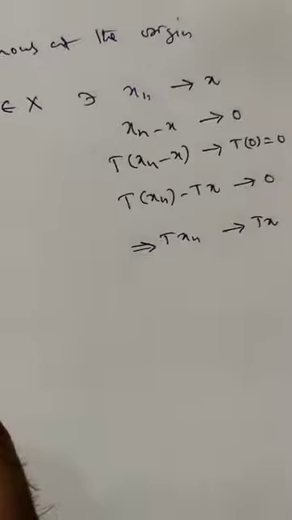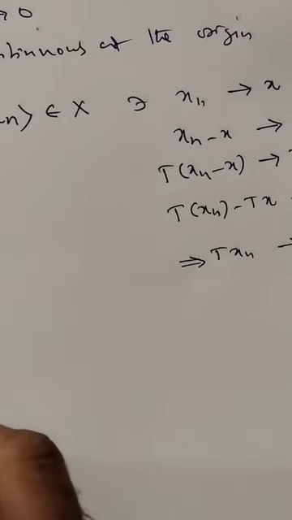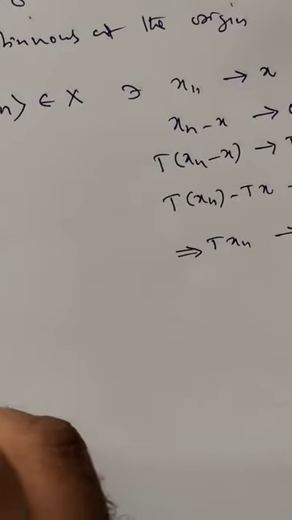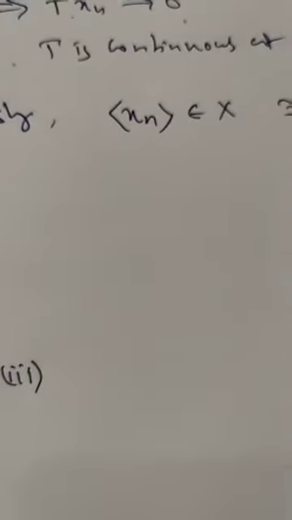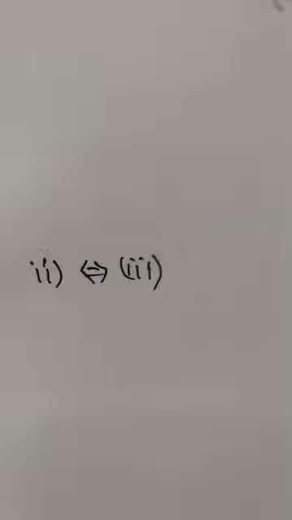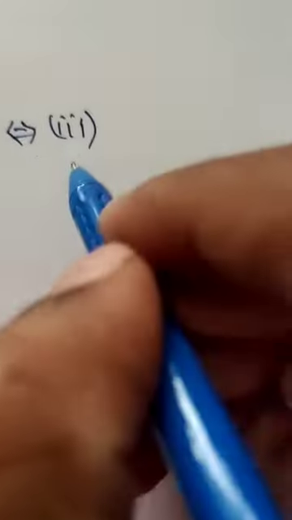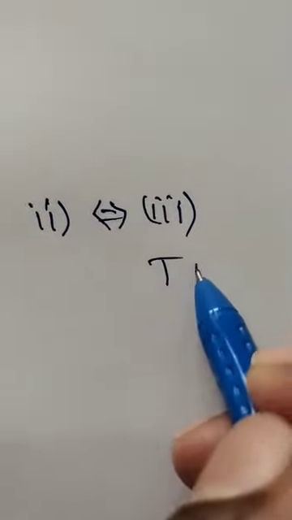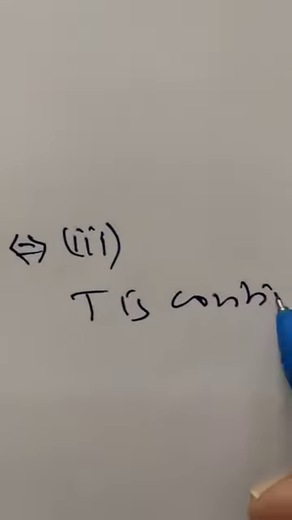Let's come to 2 if and only if 3. Here 2 says T is continuous at the origin, and we need to show T is a bounded map.